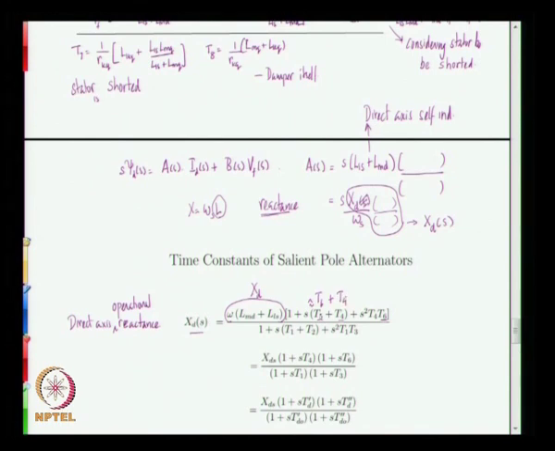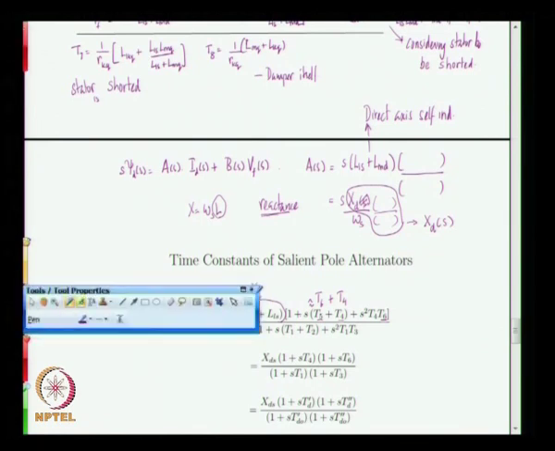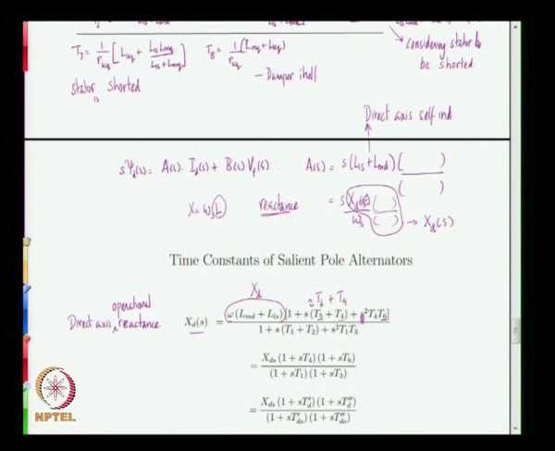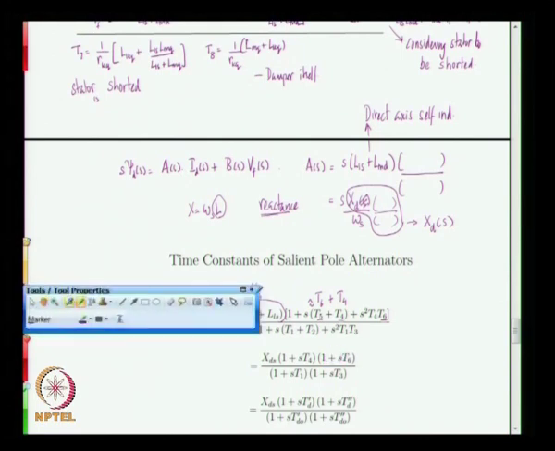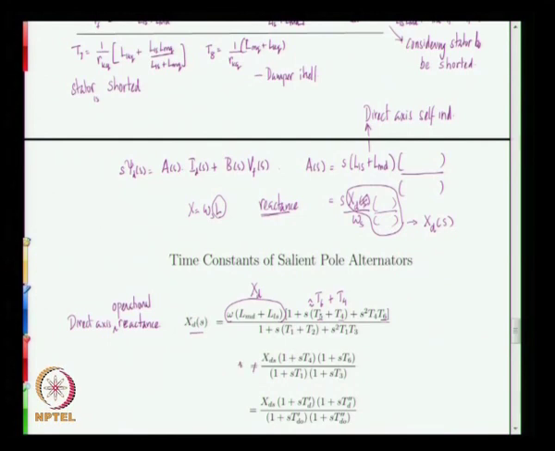Since T5 and T6 are negligible compared to T4, the S term in the numerator can approximately be written as T4 plus T6 itself, which means the numerator is 1 plus S into T6 plus T4 plus S square into T6 T4, and therefore the numerator can be written in a simplified form as 1 plus ST4 into 1 plus ST6. This equality sign is really approximately equal to this.